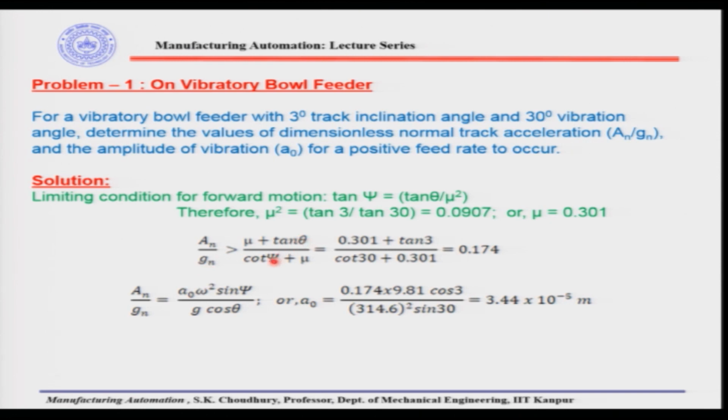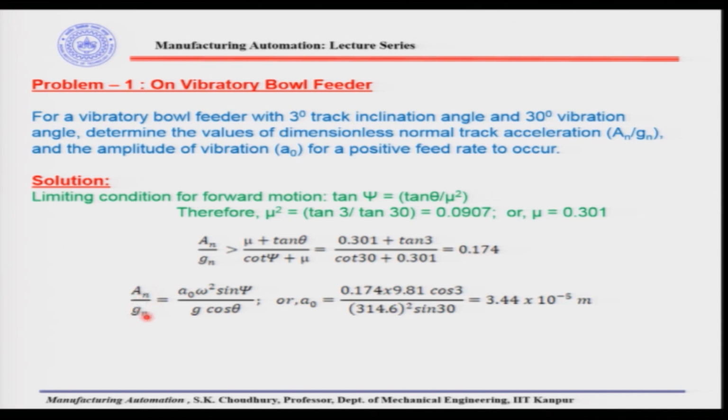Theta and psi are given, and mu we found as 0.301. So, the condition is that an by Gn becomes 0.174. Meaning an by Gn has to be more than that, so that the parts can go up the track.